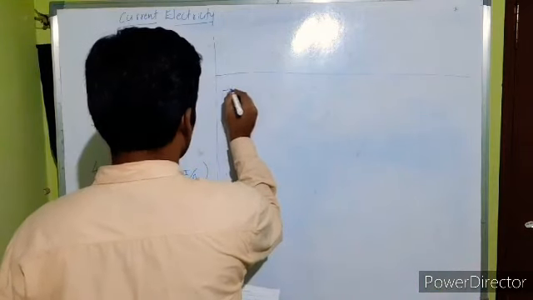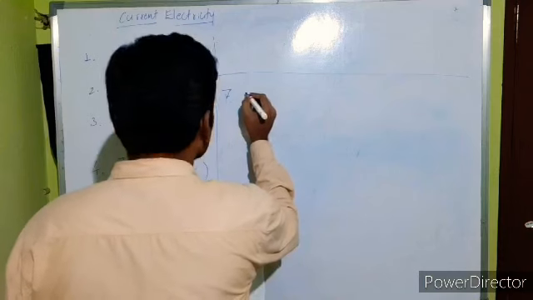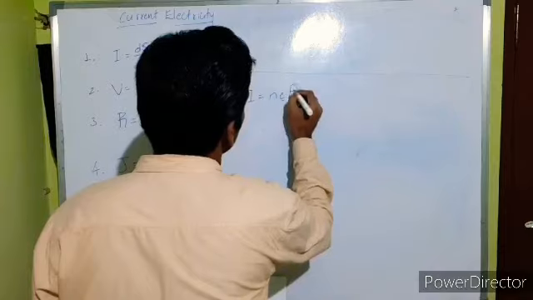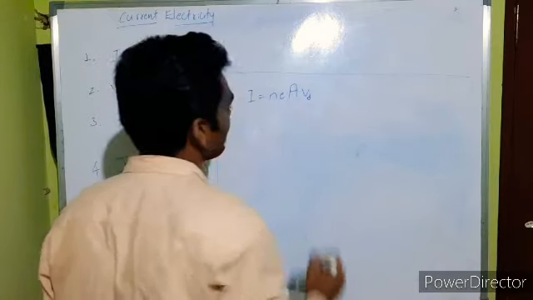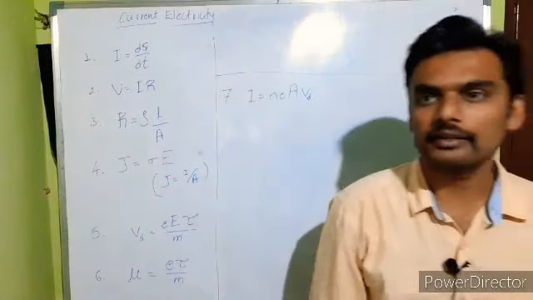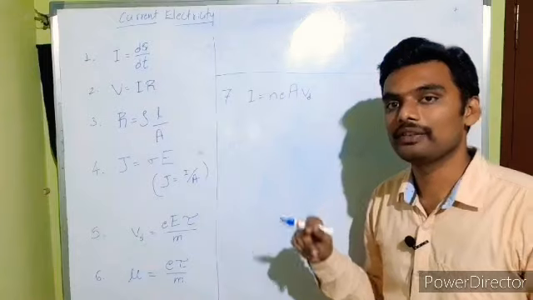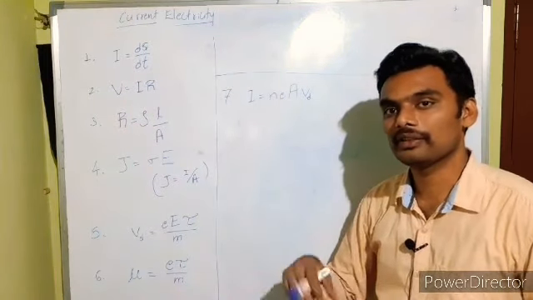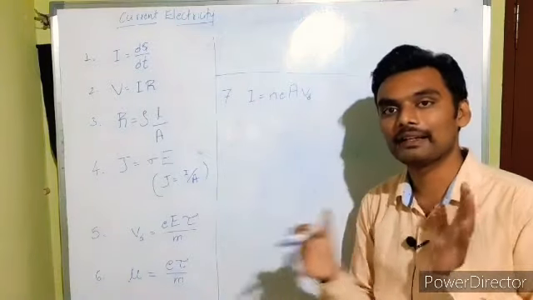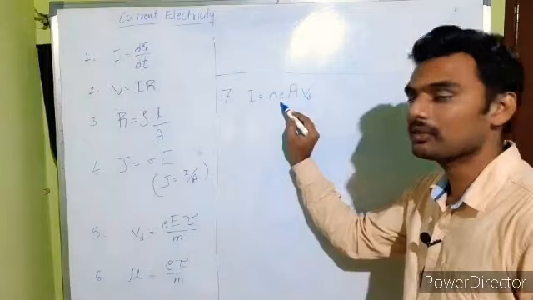Seventh formula, the other expression for current: I is equal to n e A Vd. I is the total current in the conductor. n is the free charge density or electron density, the number of electrons per unit volume inside the conductor. e is the charge of the electron.